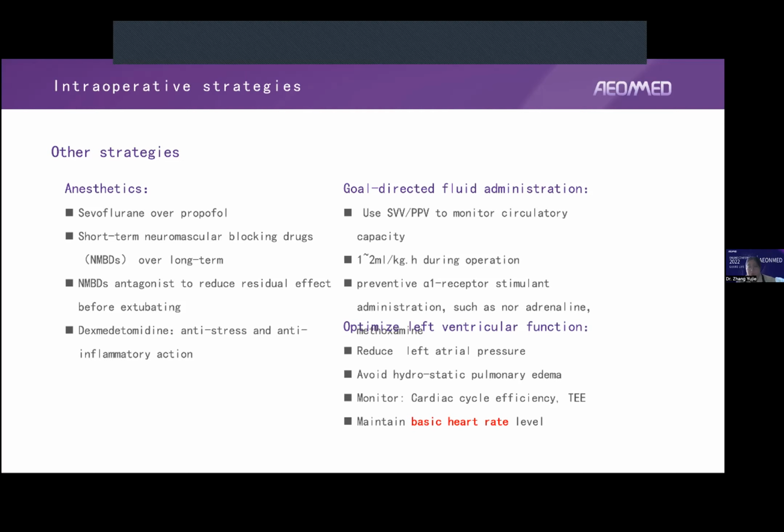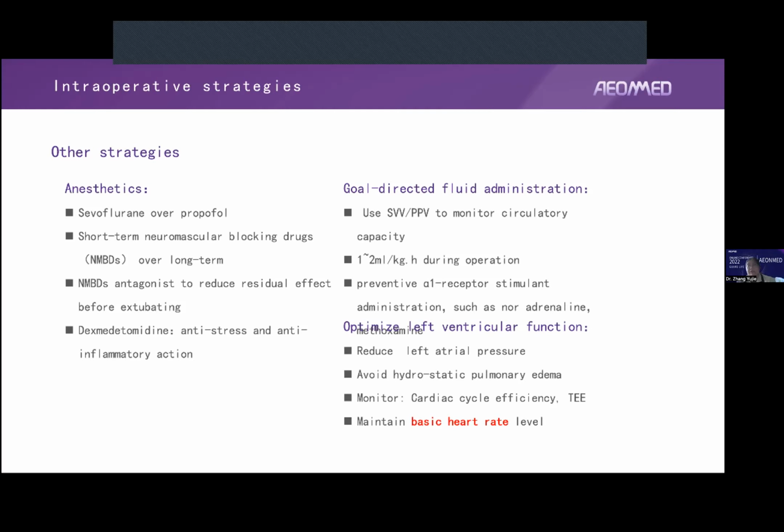It might not seem clear, but it's also very important to optimize the left ventricular function during general anesthesia. Since when we have a left ventricular failure or diastolic dysfunction, the pressure in the left ventricle will rise, as will the left atrial pressure, and then it will eventually cause a rise in the lung capillary pressure.